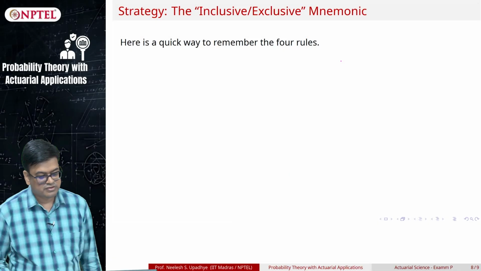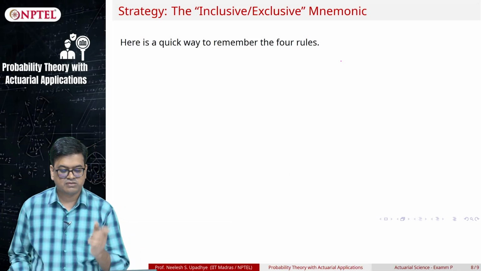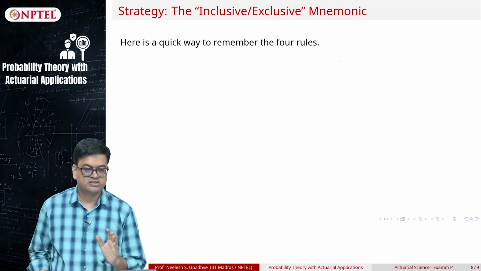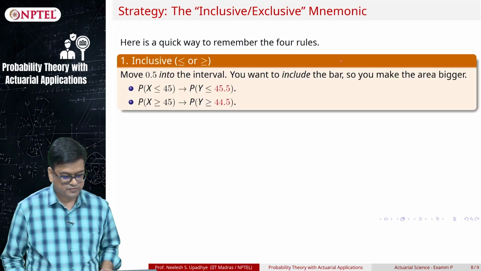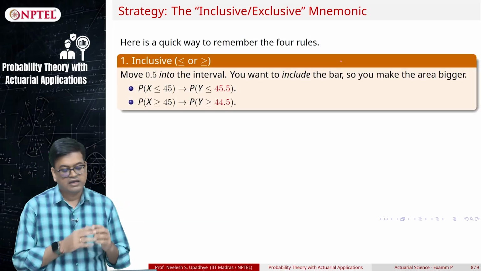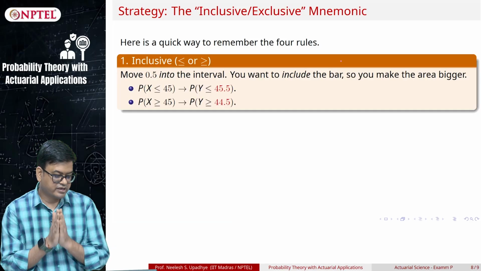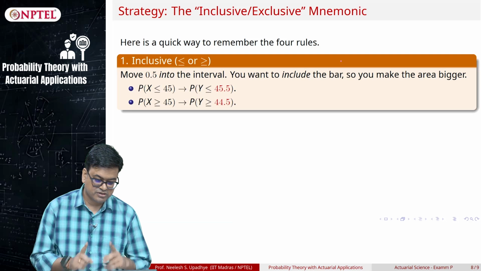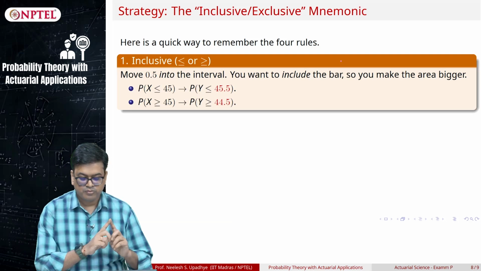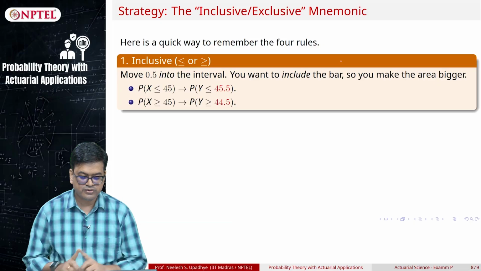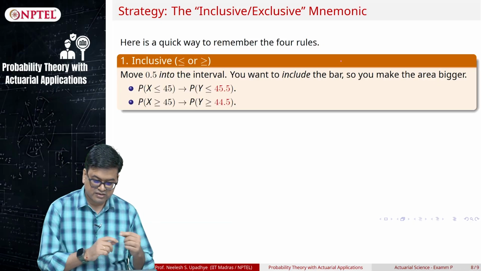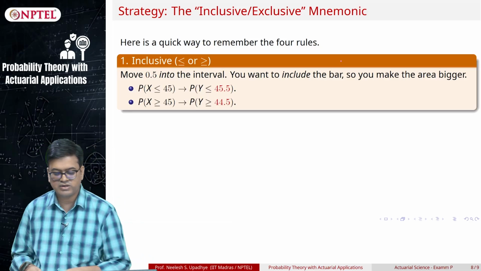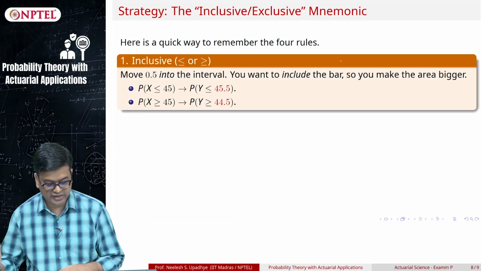So, now we will give some inclusive-exclusive mnemonic to memorize for these 4 rules. So, first inclusive, let us say less than or equal to or greater than or equal to. Whenever less than or equal to comes, move into the interval, that means X less than or equal to 45 means Y should be less than or equal to 45.5.